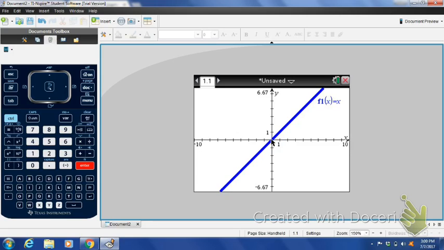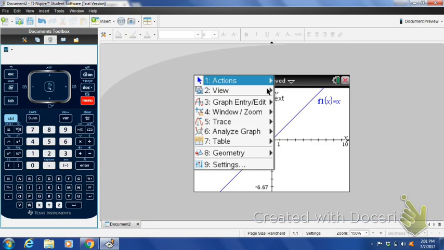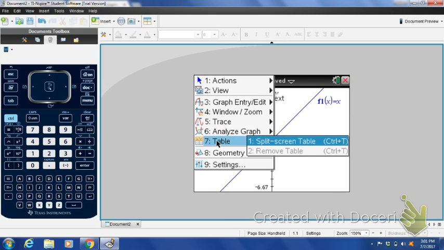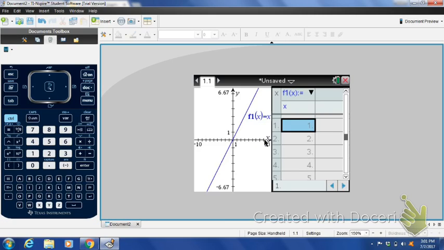Now, to find the table of values, we're going to go to Menu, and it's the 7th option, so you hit 7 or click on Table, and then click on Split Screen Table. And you see it comes out on the right, and you can use your cursor to go between different values of x and y. So like when x is negative 4, y is negative 4.